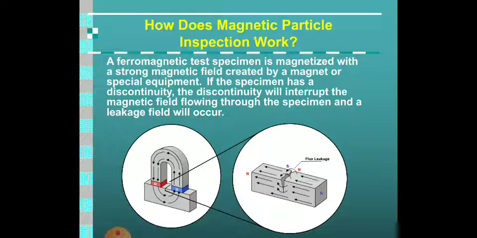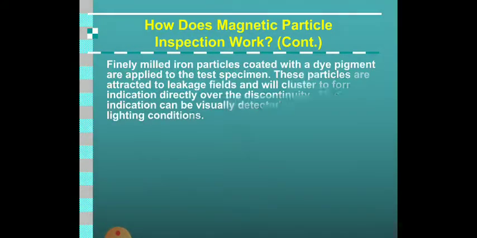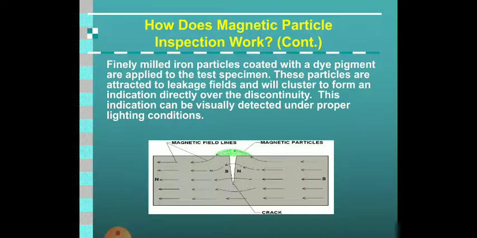So that is how these problems are detected with the help of magnetism and magnetic particle inspection. We utilize this magnetization to carry out the magnetic particle inspection.